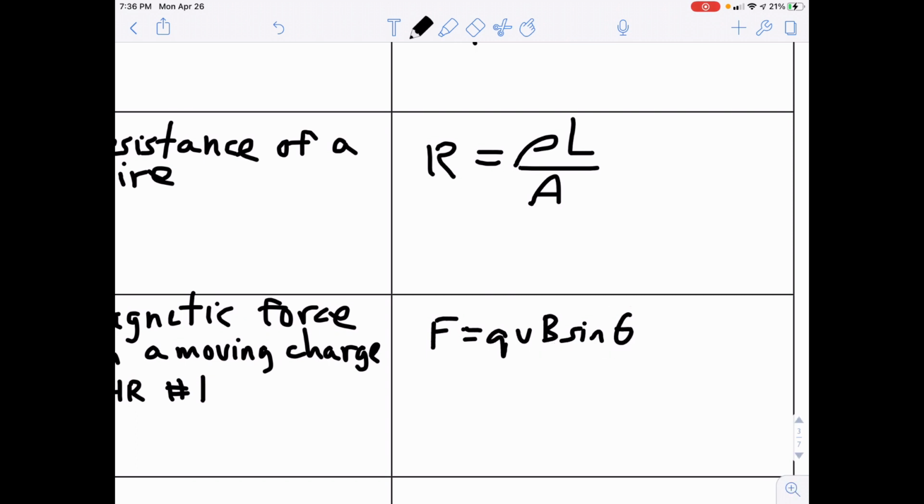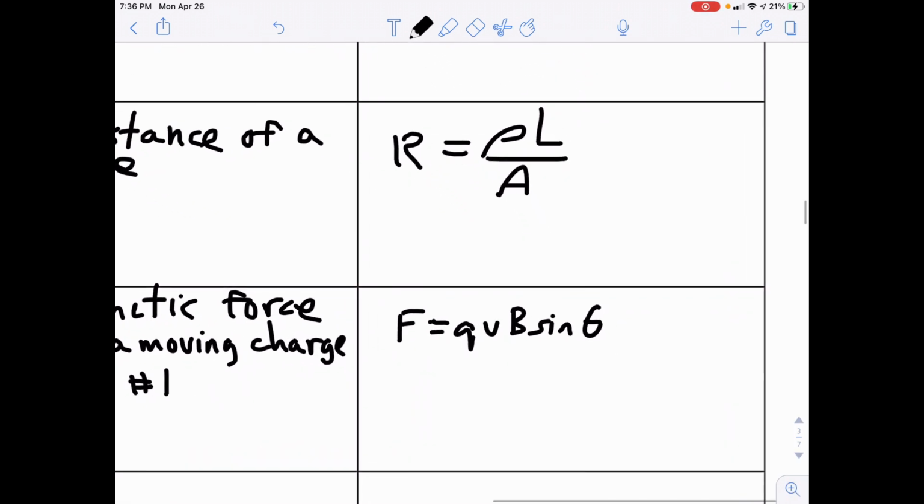Now, something important to note, since theta is the angle between motion and field, that means if you're moving perpendicular to your field, perpendicular would be 90 degrees, sine of 90 is 1. So if the sine of 90 is 1, that means any particle moving perpendicular to field is just going to be QVB.